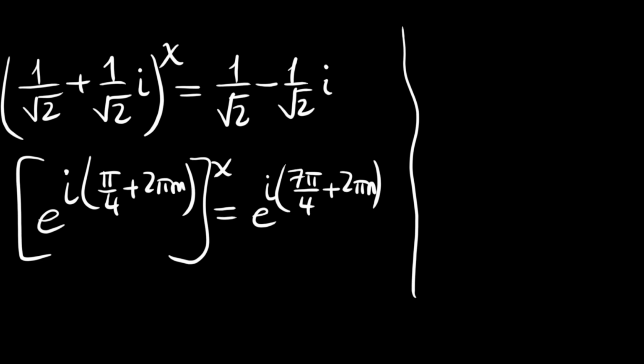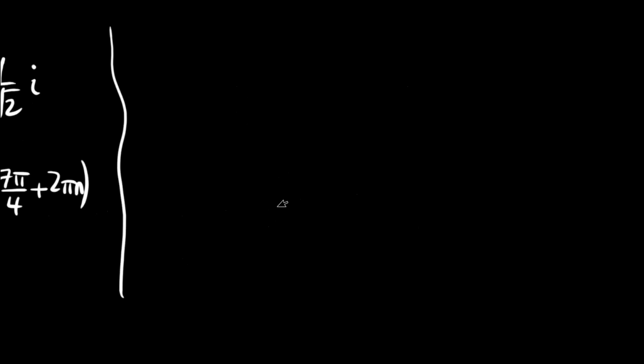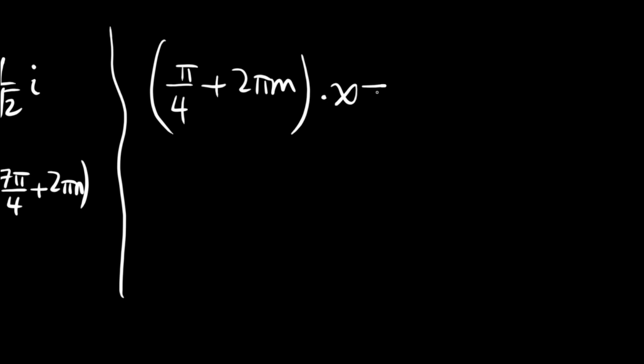We can cancel i's, then write (π/4 + 2πm) times x is equal to 7π/4 + 2πn.